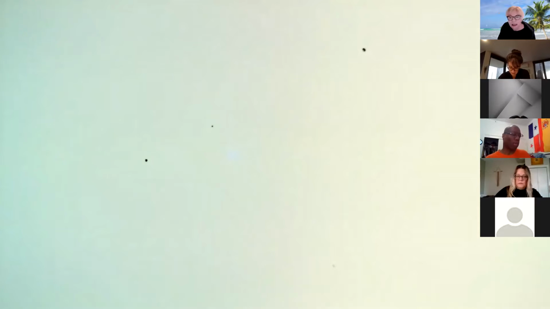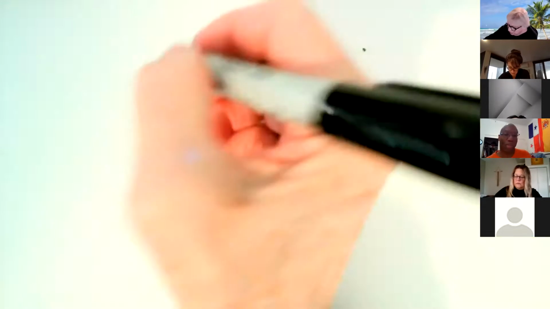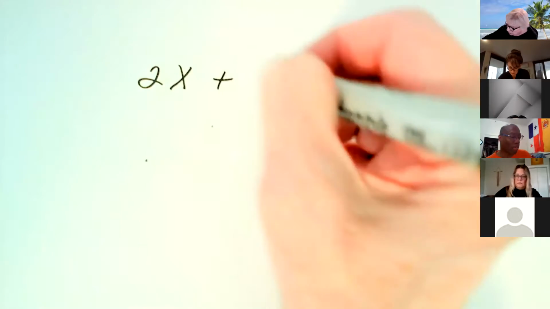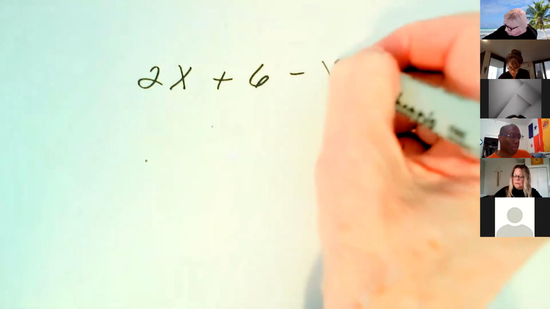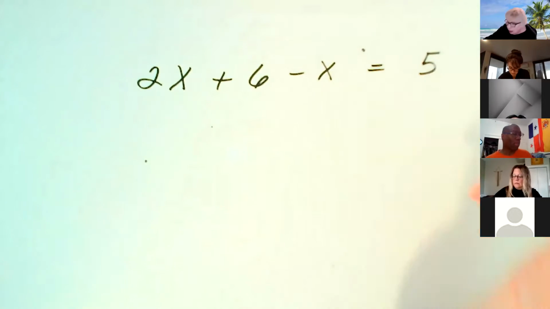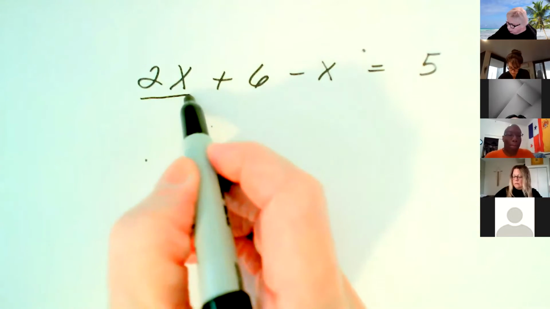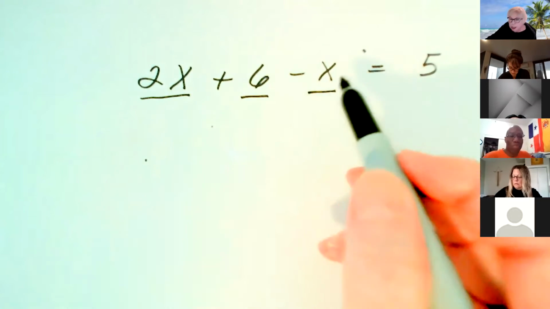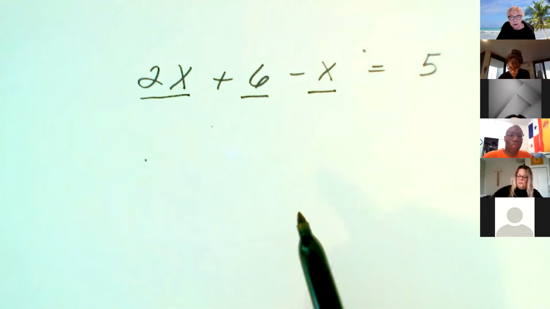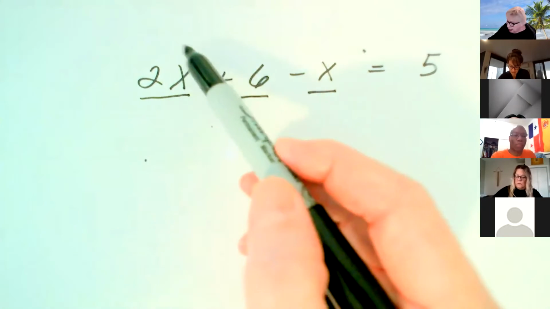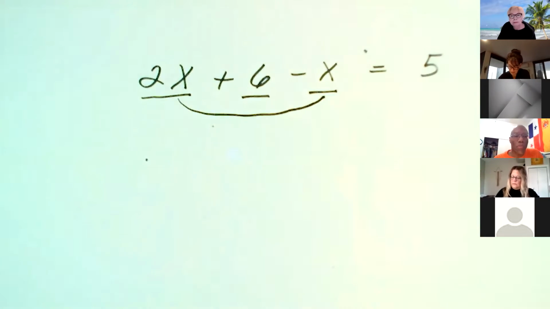Yes, let's see. So this one would be 2x plus 6 minus x equals 5. So this is similar in the fact we have now 1, 2, 3 terms on the left, and 2 of them happen to be like.